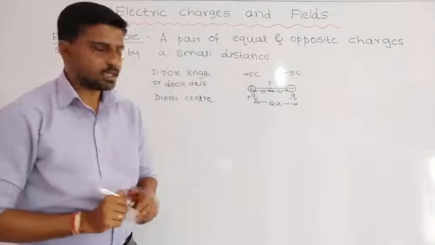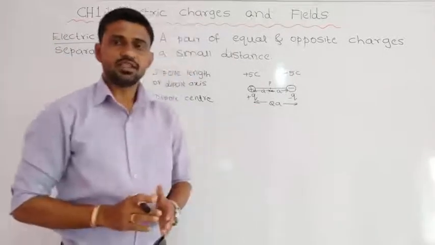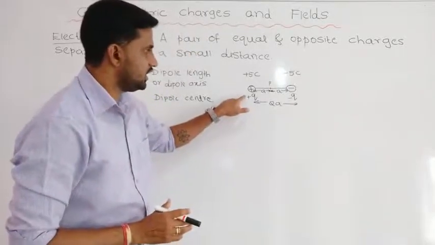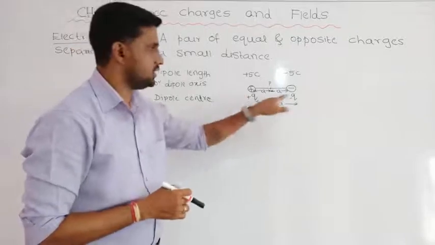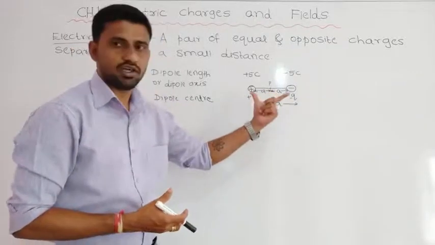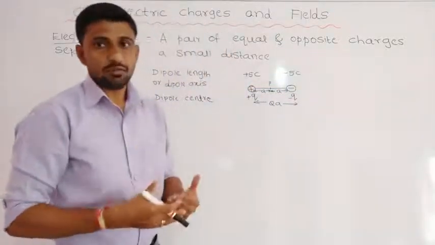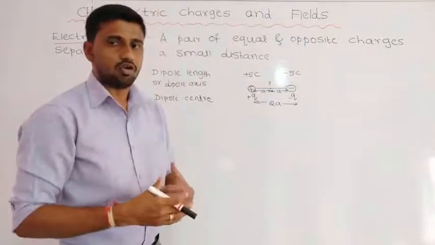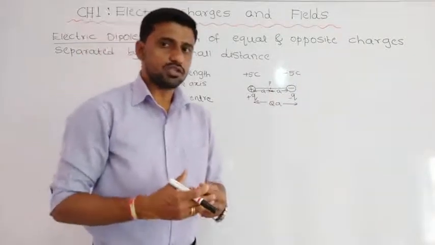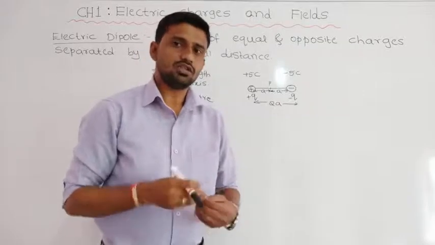You should remember that the total charge due to the electric dipole is equal to 0, because it has one positive kind of charge and another negative kind of charge, and there is a small distance. But both the charges are not the same kind of charges, they are opposite kinds. We know that if one positive charge and another negative charge are there, then the total charge becomes 0.